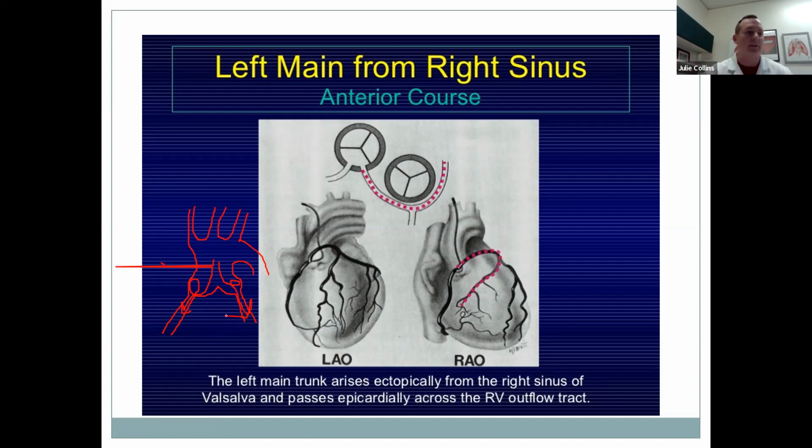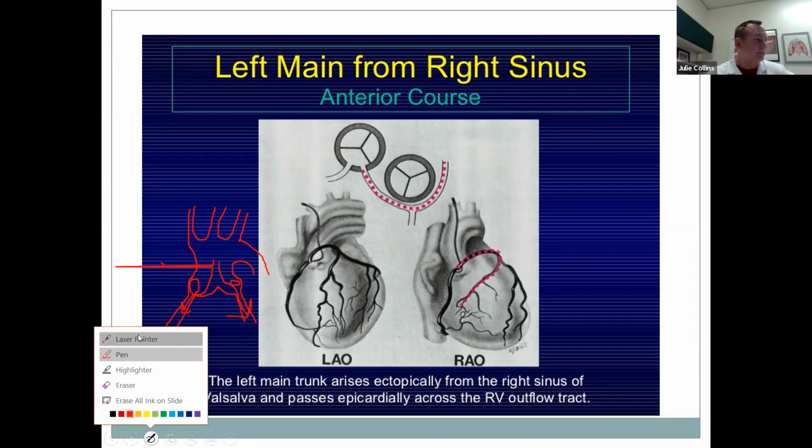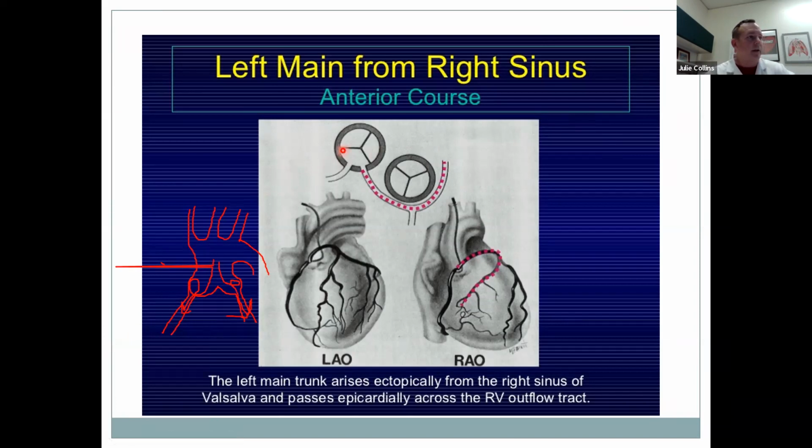So with that being said, with ALMCA, you're basically not getting the full effect of the sinus of Valsalva. You're impeding that bruit happening because anatomically you have two coronaries coming off the same cusp.